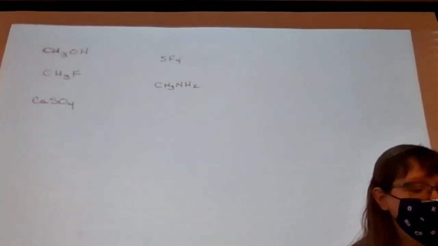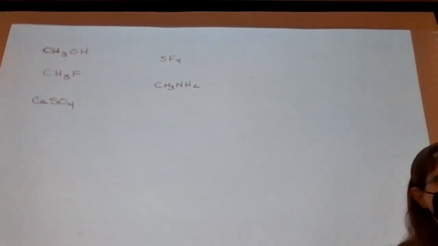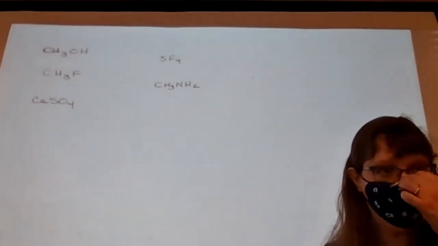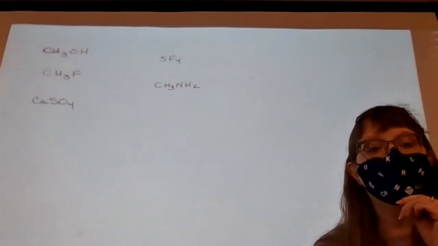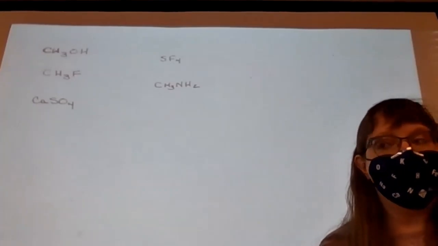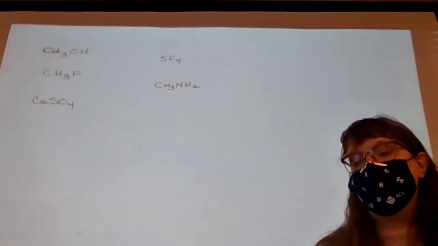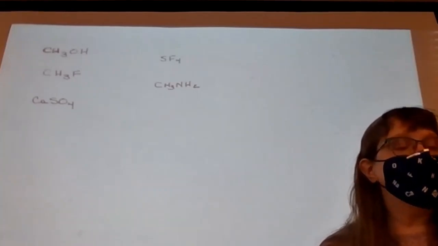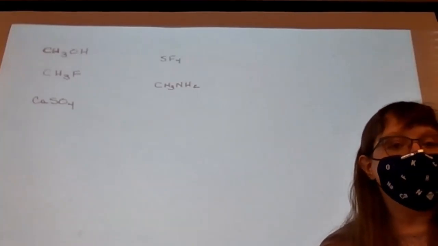All right, so if you have your flow chart with you, go ahead and pull that out so that you can go through and ask yourselves the various questions for each of those to determine which is the dominant interparticle force.